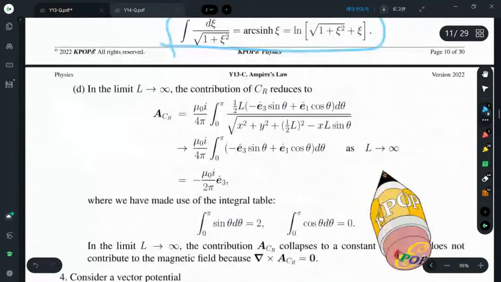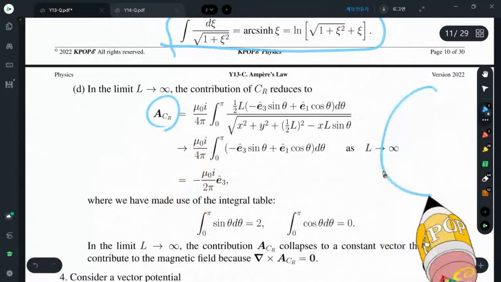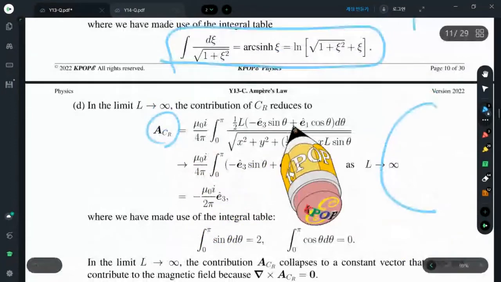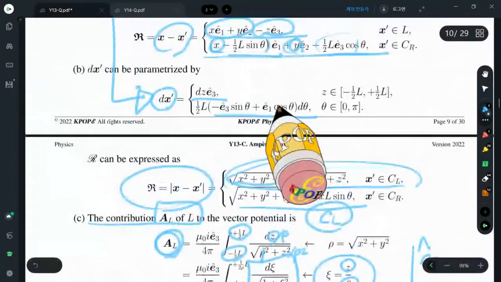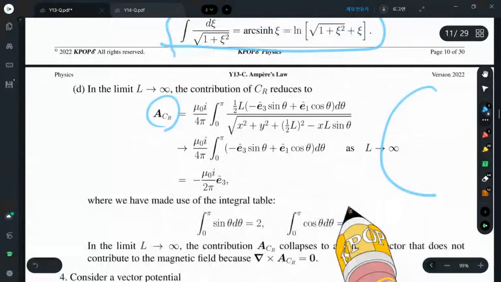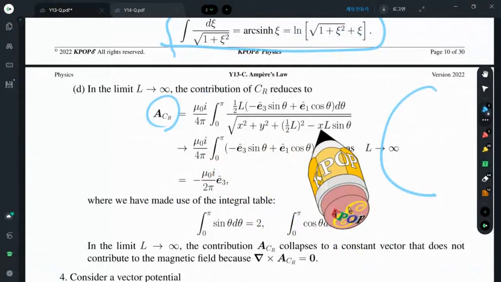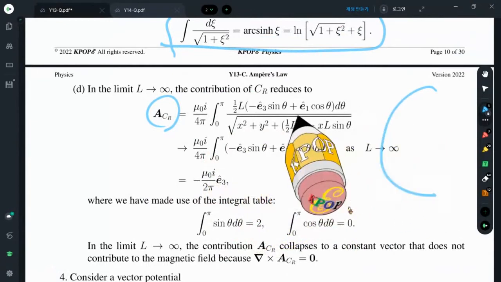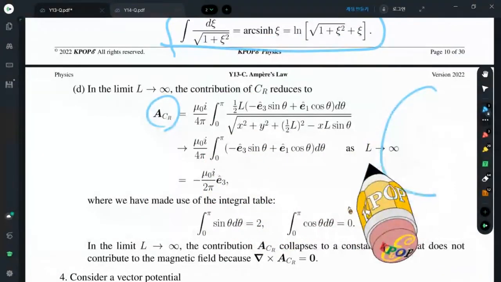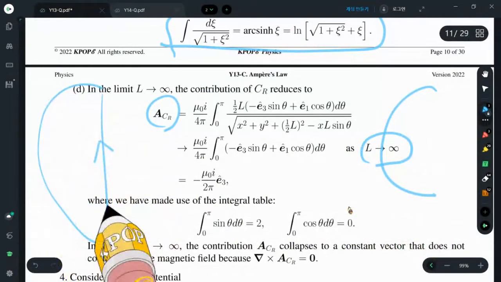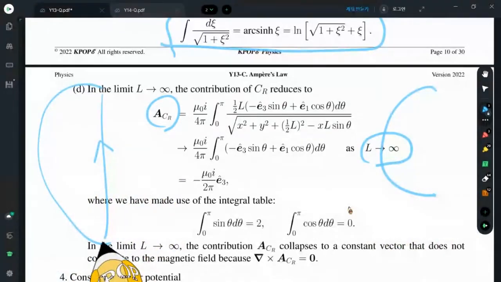Next, we compute the contribution of this semicircle. If I make use of these parameterizations in here and substitute this one into the denominator, our result is like that. Before going ahead, we first take the limit as L goes to infinity. We would like to consider the infinite wire and infinite semicircle.